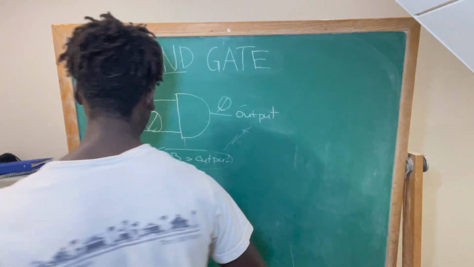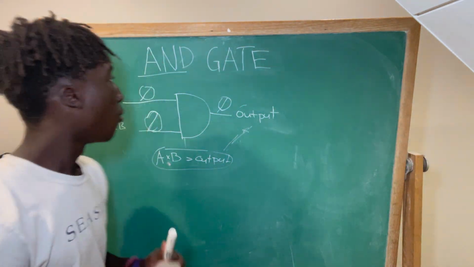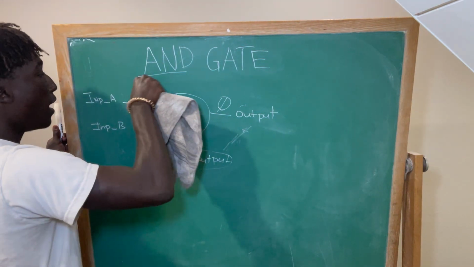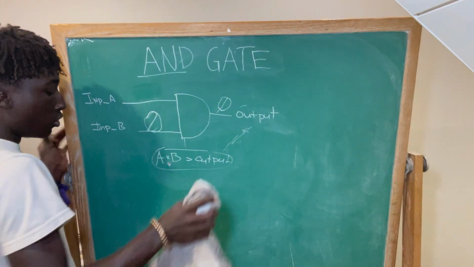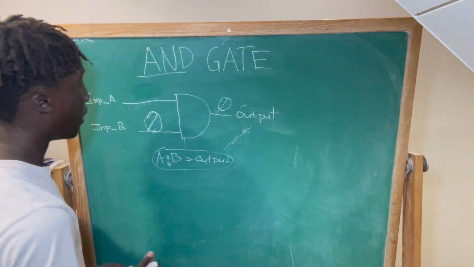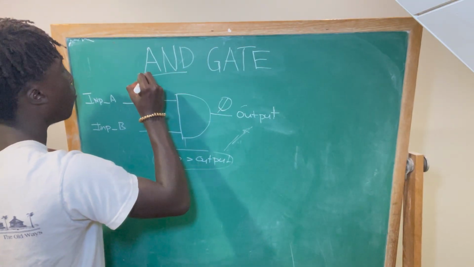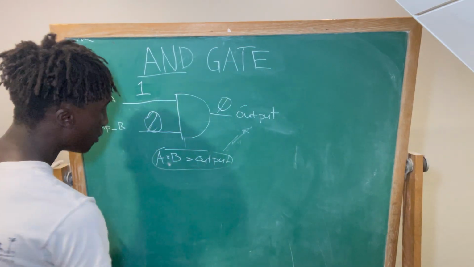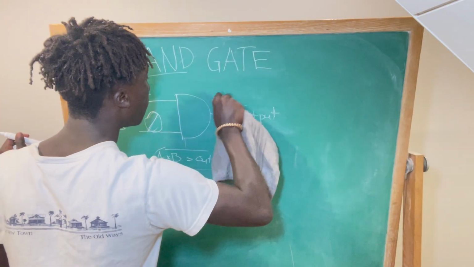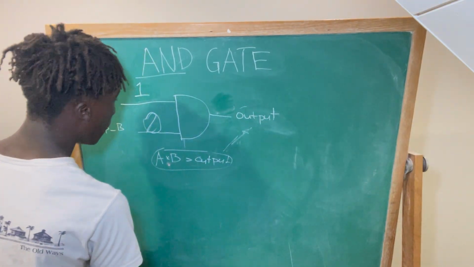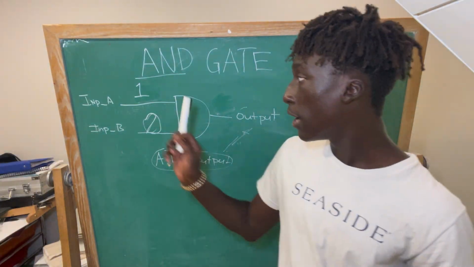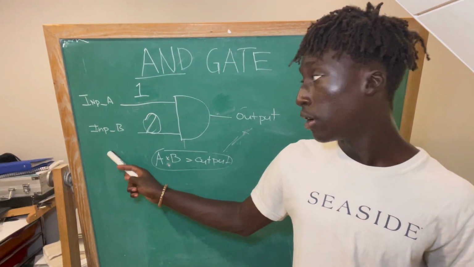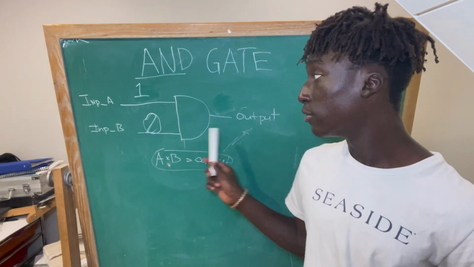So what if, stay with me now, what if we change input A to be 1? I want you guys to think about that. Remember the formula: if input A is 1 and input B is 0, what will be the output?